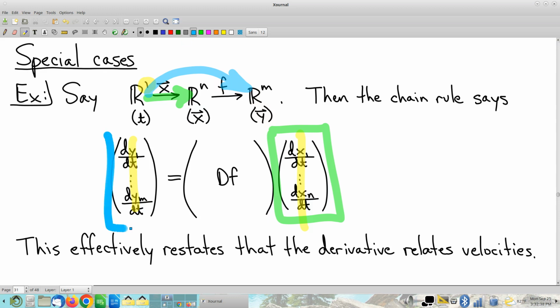And so this derivative matrix is in fact just the velocity of that parametric curve. So what's going on here is the nice interpretation in this circumstance, because the original input variable is just one, that I'm going to think of as being time.